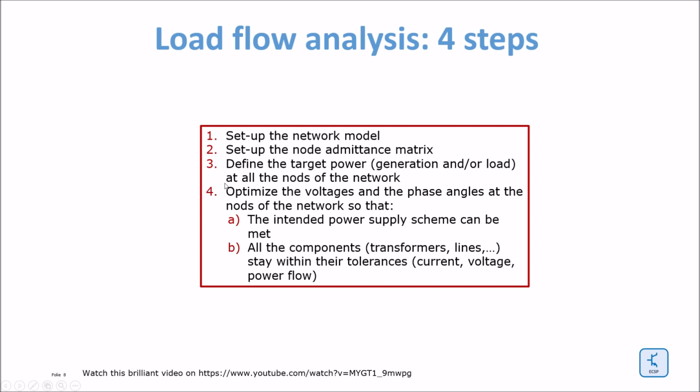And then step number 4 is that we optimize the voltages and the phase angles at each one of the buses of the network model, so that the intended power supply scheme can be met and none of the components exceeds the tolerances. So for example, not too much current, not too high voltage, and that the power flow is not exceeding the limits, for example, of transmission lines or cables.